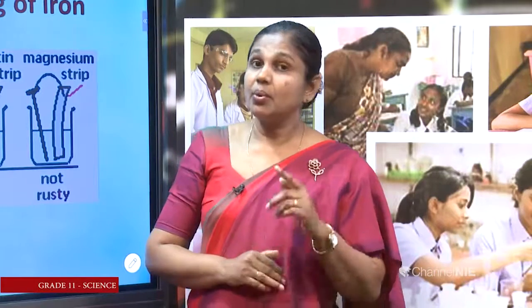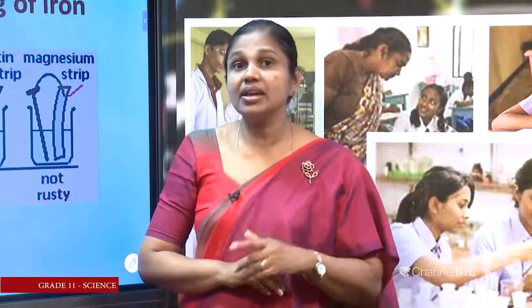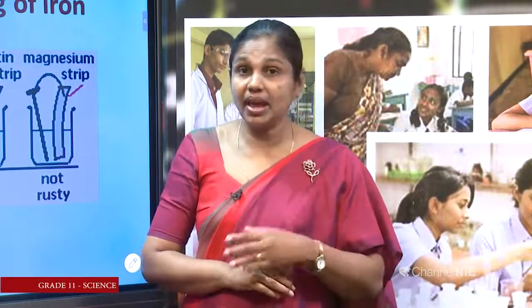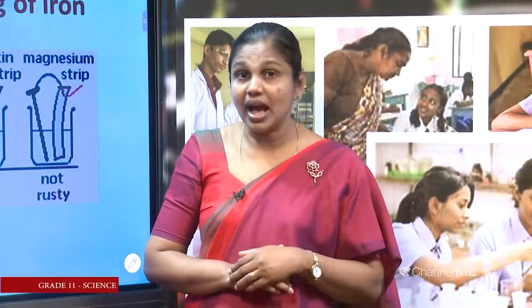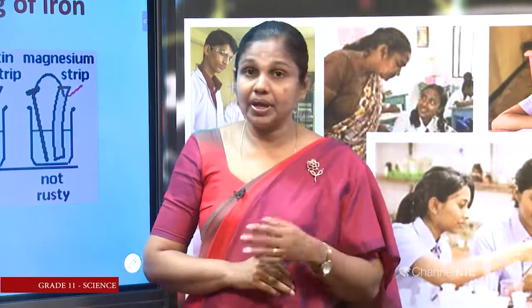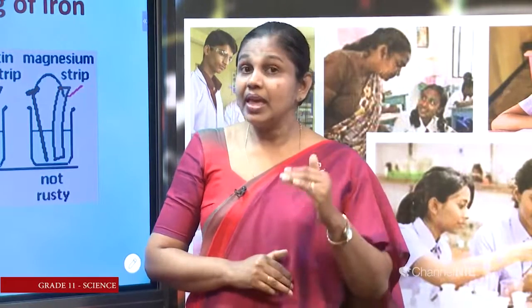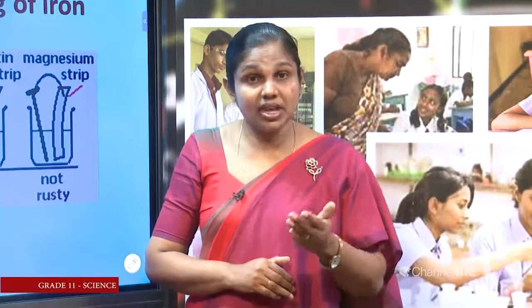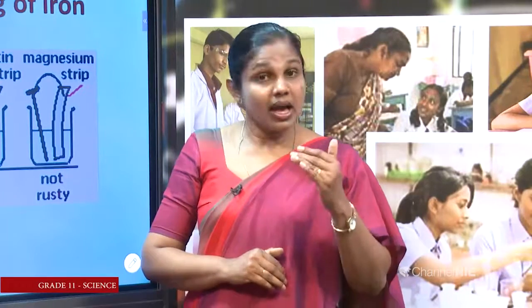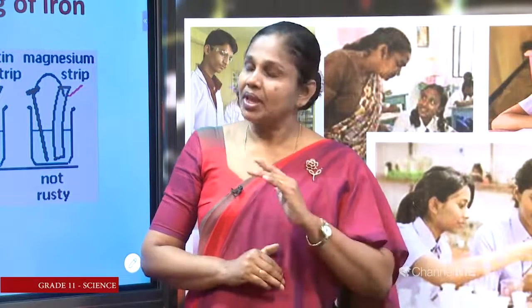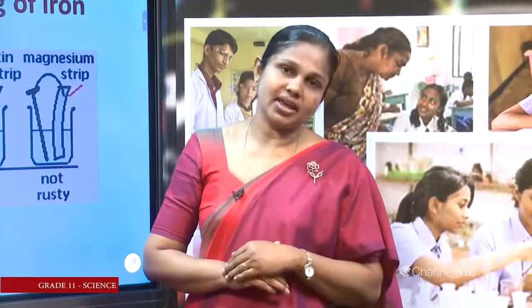Right, children? When the iron nail is in contact with a less reactive metal in the activity series than iron, like copper or lead, then the iron nail starts to oxidize first and the other metals do not oxidize.